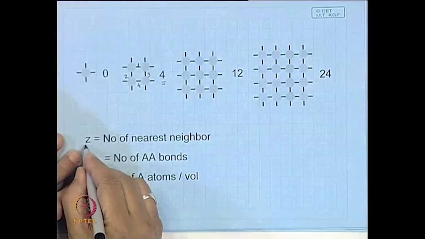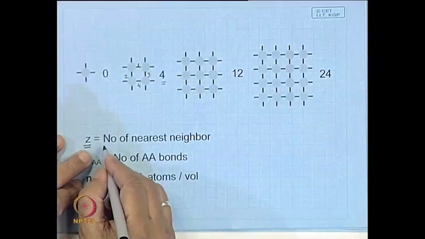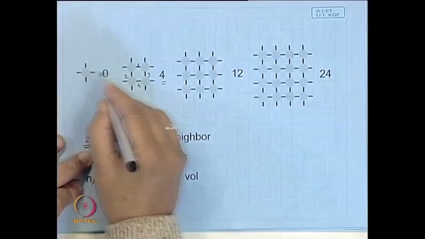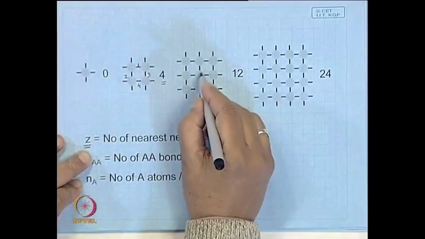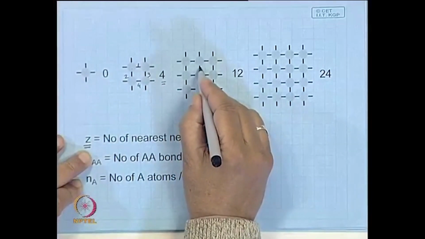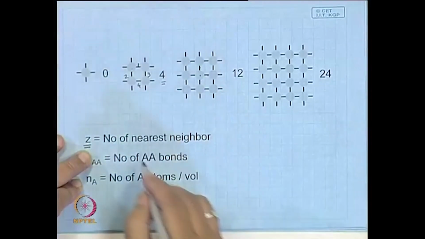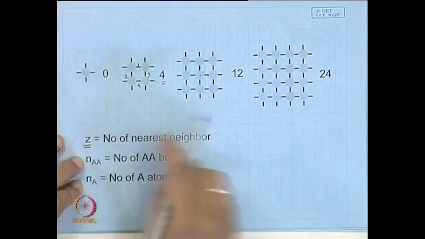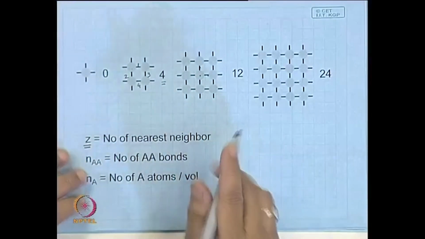Let us say that Z is the coordination number of nearest neighbors. So, here we can say this atom can have 4 nearest neighbors. Consider this is 1, 2, 3, 4. So this is the nearest coordination number, or the number of nearest neighbors.